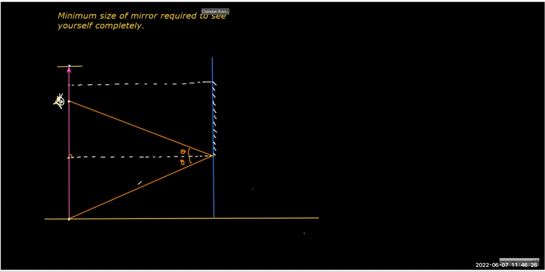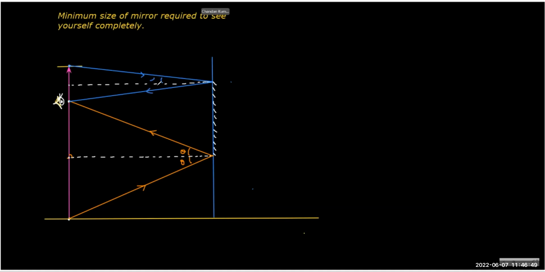And this is the ray path. The ray is traveling from the bottom and coming to the eye level. And the same thing will happen for the tip, right? So light ray traveling from here will hit the mirror and will come back to the eye level.